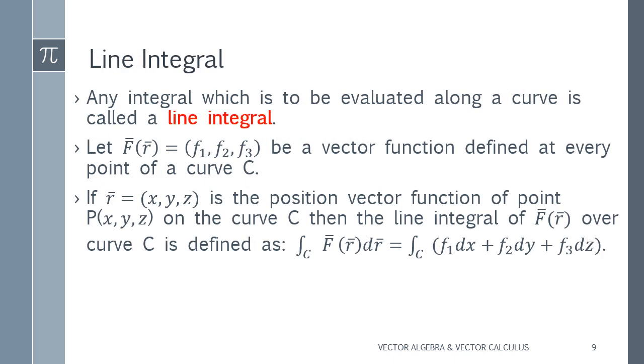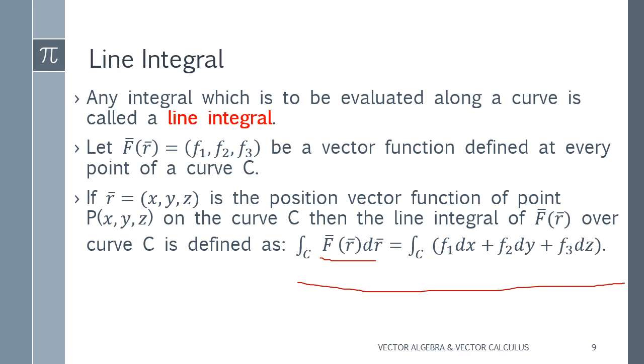And then after that we will do another important topic, that is line integral, and the formula for the line integral is given by this one. This is the main formula of line integral: the integration over the closed interval of F dot dr, where dr is dx, dy and dz.